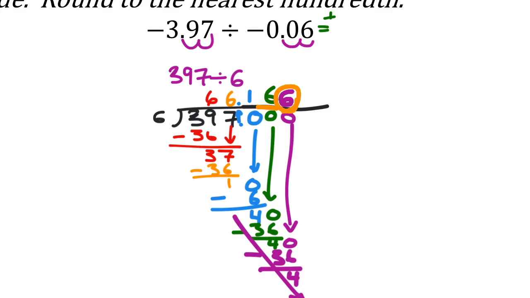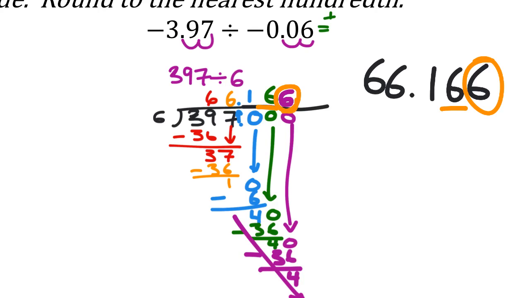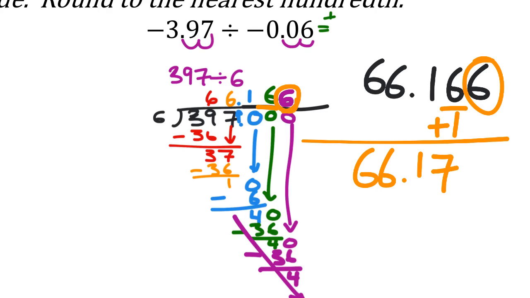But maybe you will after you watch enough YouTube. Okay, so let's go back to the number here. 66.166. So I looked at the hundredths place value. I looked 1 to the right. It's 5 or more, so I add 1 to that place value. And I end up with 66.17.